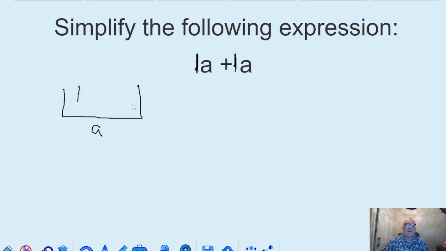I've got one lot of a, and I'm adding one more lot of a, so 1 plus 1 gives me two lots of a. So all I'm doing is literally trying to think what number is the coefficient, or the number in front of the letter, and then I'm just going to put that into my pot and then do the sum that it tells me to do.